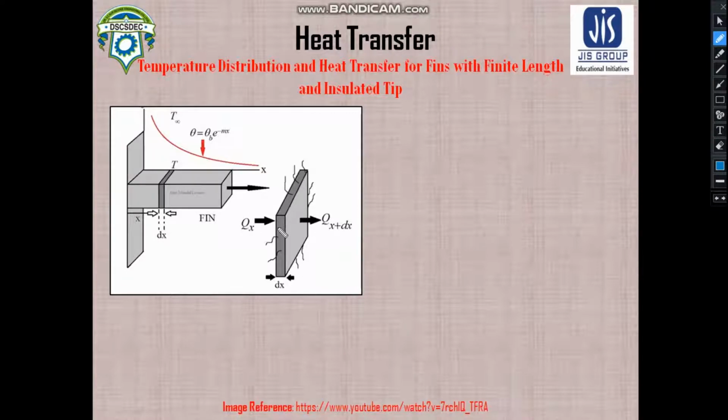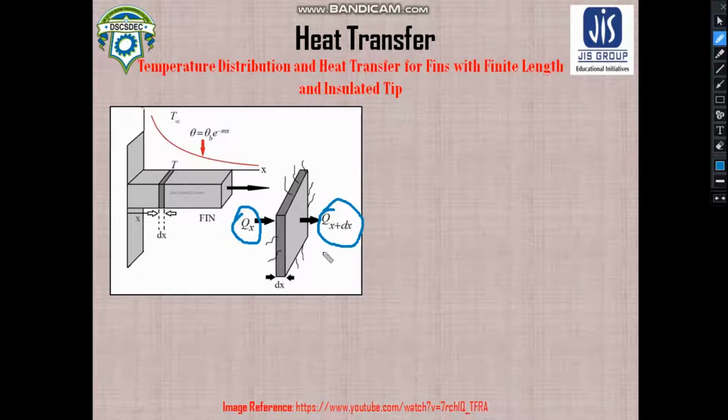If this is our sectional area, then you can understand that this amount of heat, qx dot to be specific, is entering this section and it is leaving at qx plus dx, where dx is the thickness of the section. Here you can see a little bit of wavy lines that indicates that the heat is getting transferred via convection.